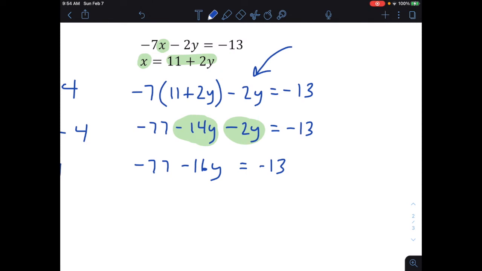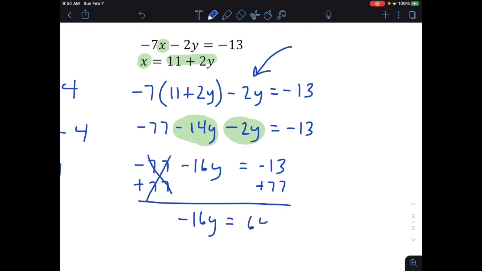Everything's negative. Ooh, there's a trick I could show you to get rid of that, but we won't do it. Maybe you already know it. Let's see here. So I'm going to add 77. So that cancels. Negative 16y equals, whoa. Sometimes you might need a calculator, but this one's 64.